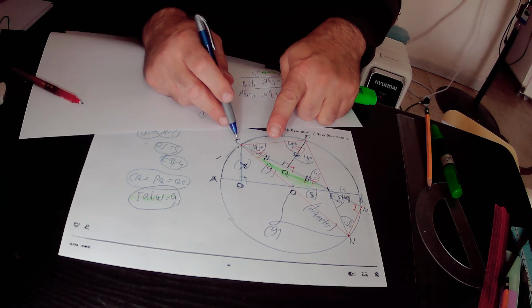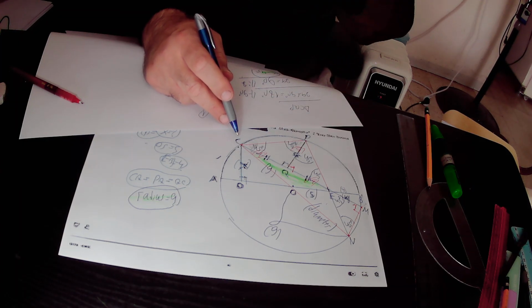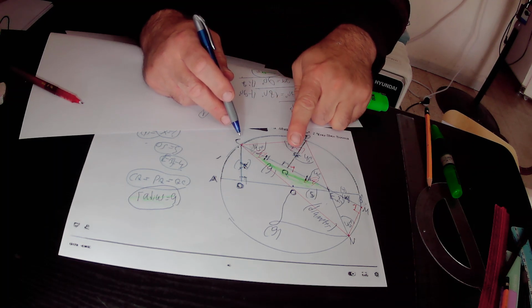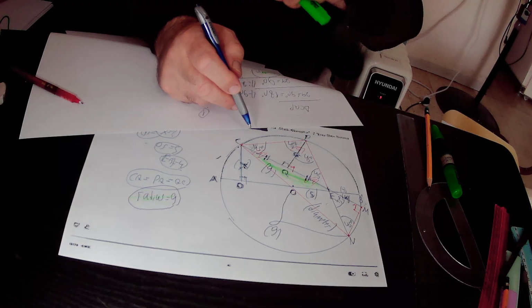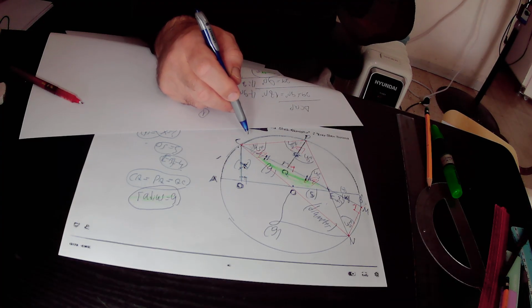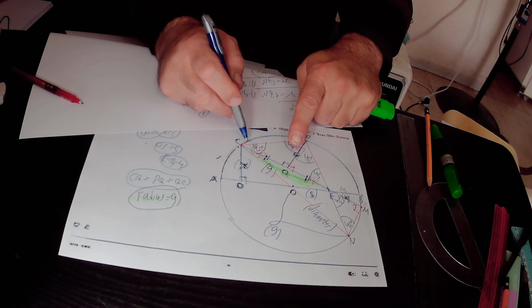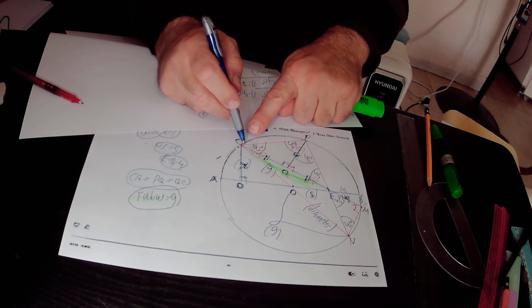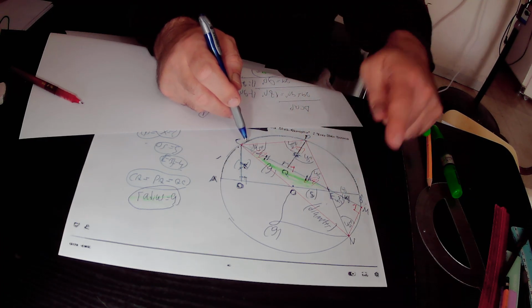Times the height. What is the height of this green triangle COE? The height to the base must create 90 degrees with the base, but it also must create 90 degrees with the extended base.